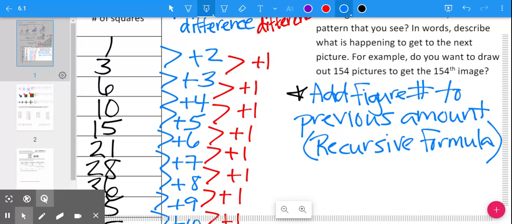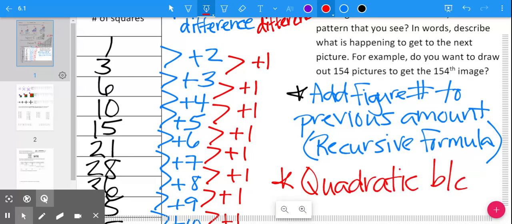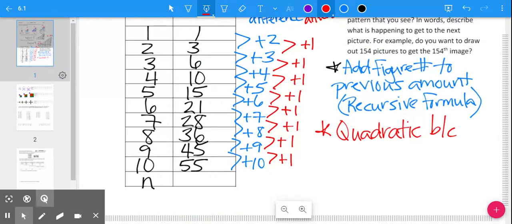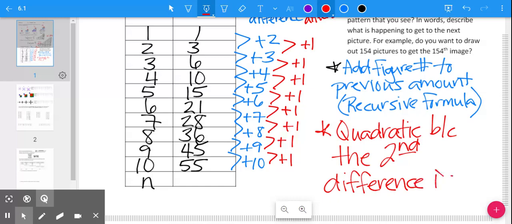So these are quadratic, and I wanted to show you guys that they have the same second difference, and that's what makes it quadratic. So I'm going to put quadratic because the second difference is constant.